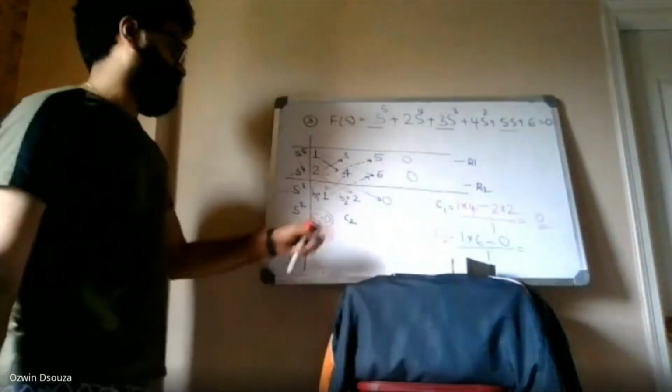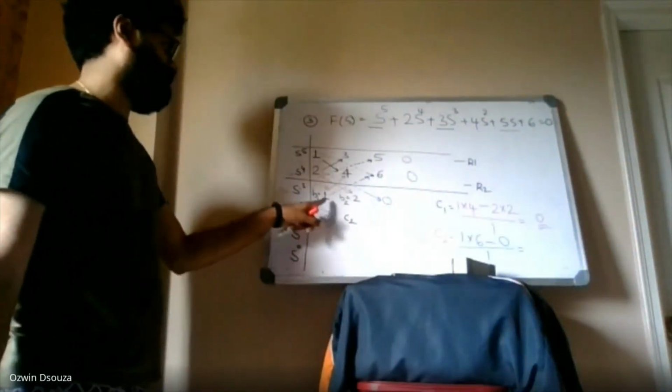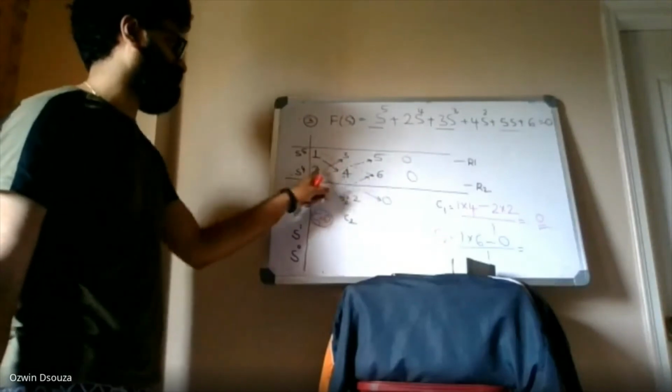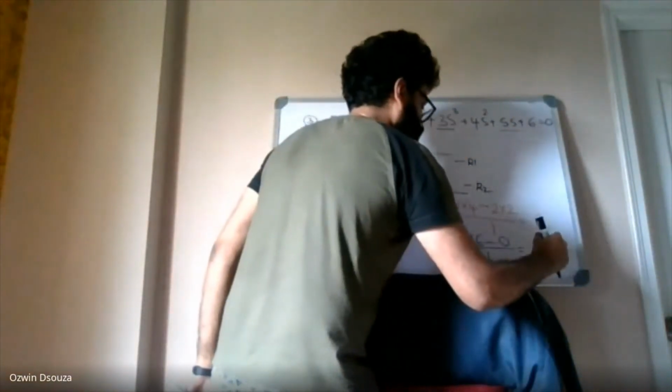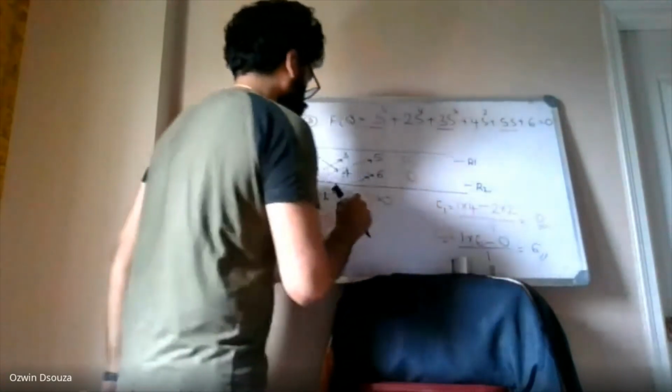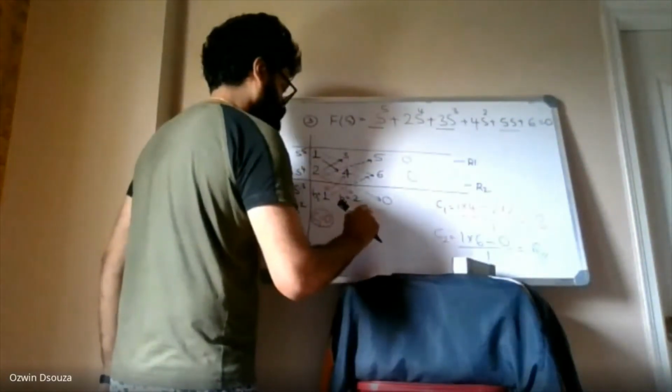So what do you get? C2 as 1 into 6 minus 0 divided by 1. So basically you will get 6. So the C2 coefficient is 6.